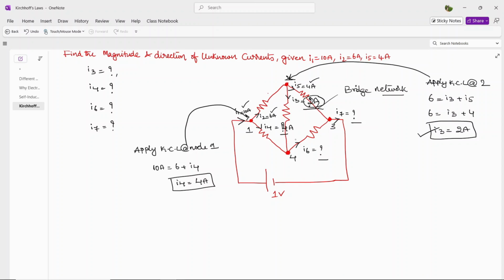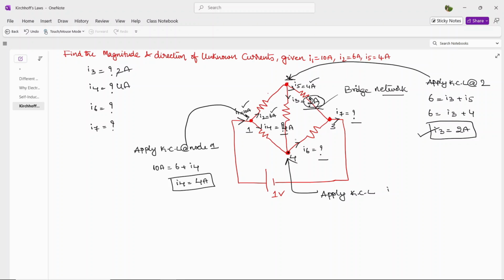So now we have successfully found the values of I3 as 2 amperes and I4 as 4 amperes. Now come to this node. To this node, try to apply Kirchhoff's current law. What are the entering currents? I4 current is entering and I3 current is entering.